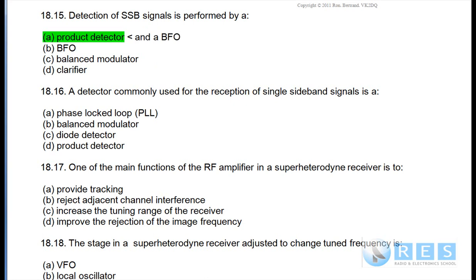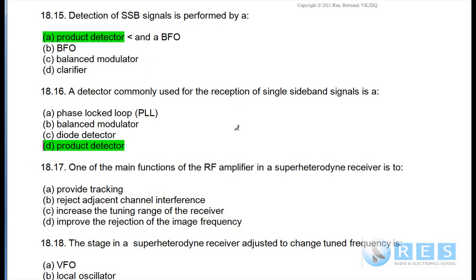But if you had to choose one between product detector and BFO, you choose product detector. Product detector has to have a BFO, so I suppose A is arguably the correct answer there. 18.16, a detector commonly used for the reception of single sideband signals is a product detector. You can see the theme here, can't you? They really want you to know about that product detector.